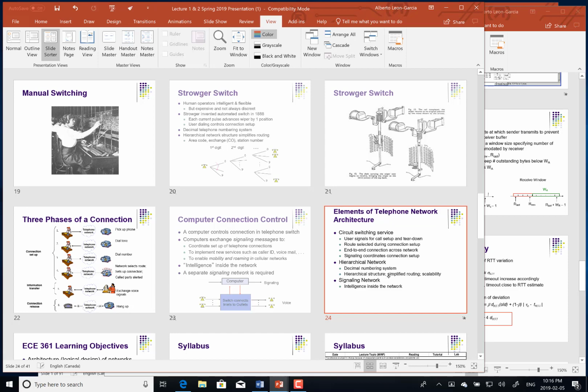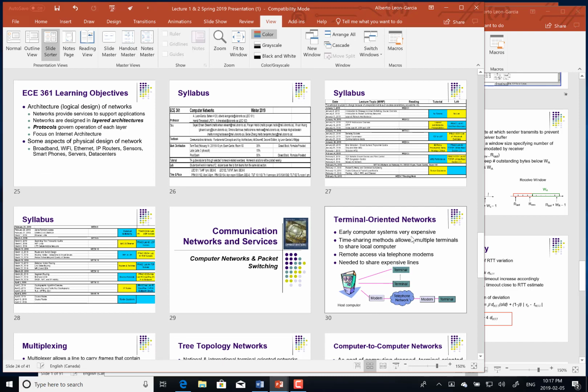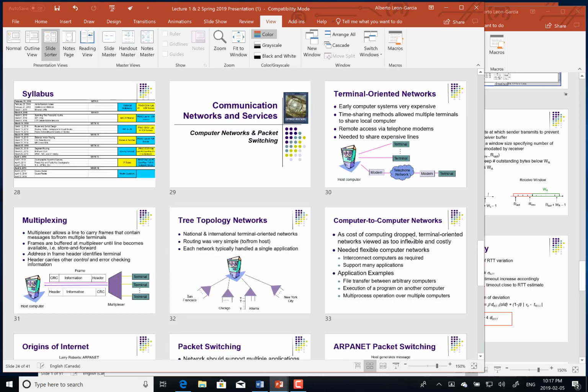The inputs and outputs were specified by a numbering system that assigned what we call a telephone number, which was used to designate the input and the output. And the job of the network was to set up a connection from the input to the output all the way across the network. Those were the basic elements of what we discussed in the first lecture.